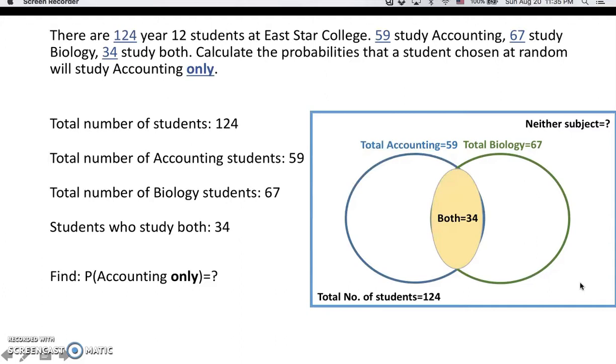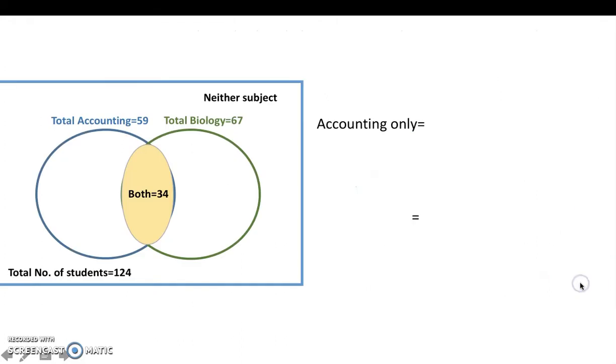To solve the question, we first have to find out the number of students who study accounting only. How can we do this? Just from inspection, the number of students who study accounting only seems like this section of the circle. And the way you do it is actually pretty simple.